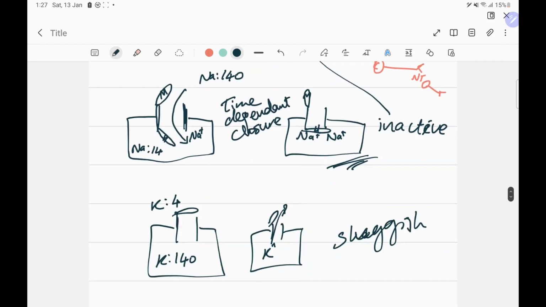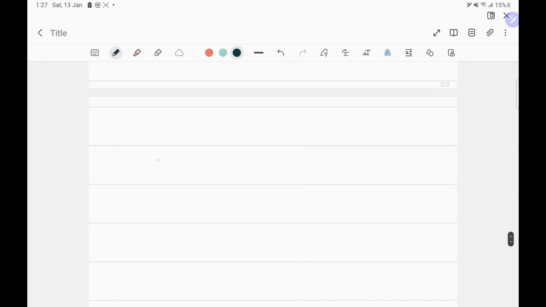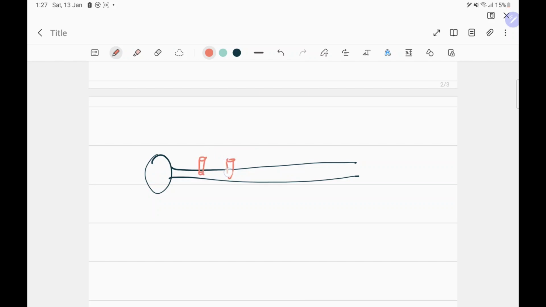We have an axon, and this axon has sodium channels. I'm just drawing a few sodium channels here in red. Let's take red for sodium.